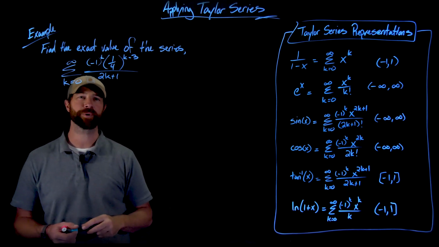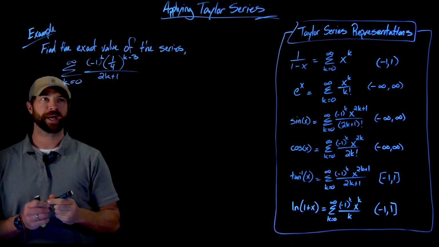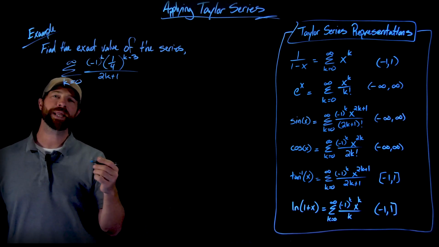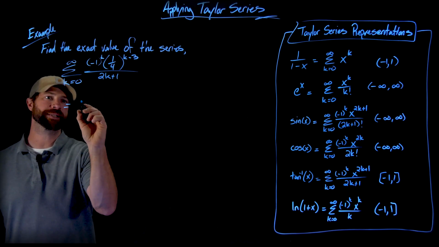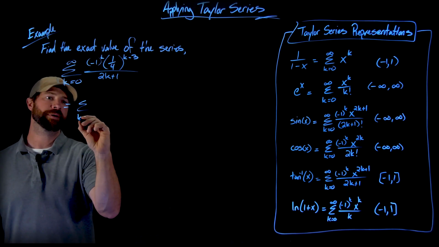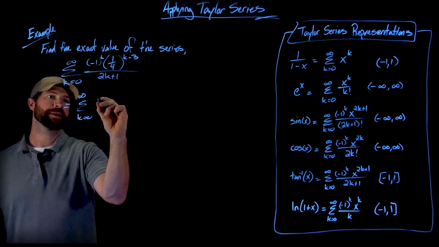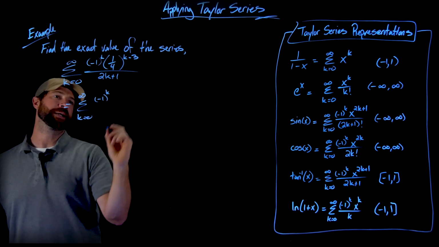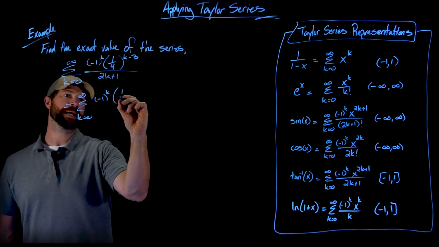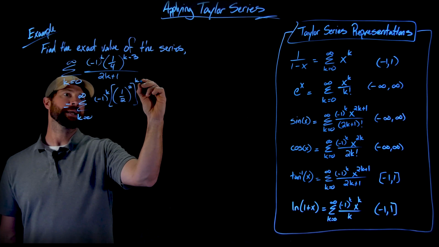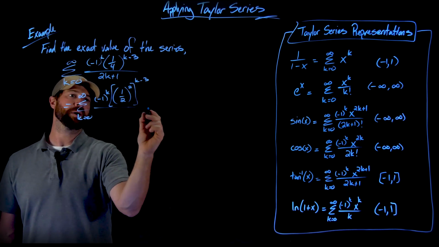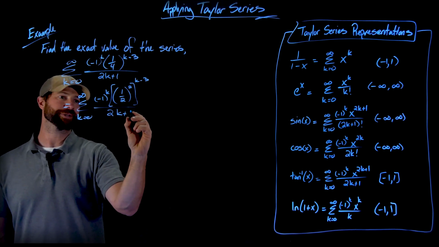The first thing I'm going to do is rewrite the 1/4 as 1/2 squared. So everything else will look exactly the same. So I have the summation from 0 to infinity of this alternating factor right here. And what I get now is 1/2 squared to the k minus 3 all over 2k plus 1.